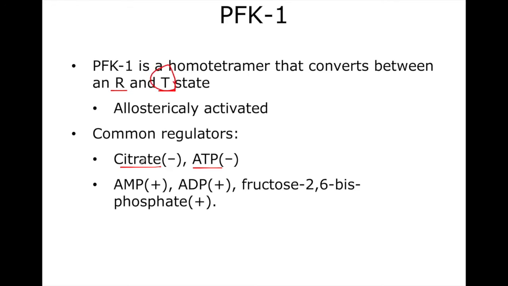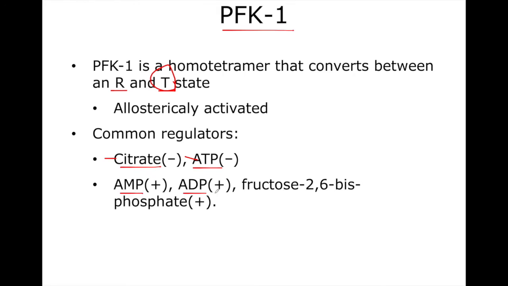And these molecules, citrate and ATP, generally are abundant when the cell has a lot of energy. We'll talk about citrate as an intermediate in the citric acid cycle, and of course ATP is our energy currency. So when these are high, we do not want to continue on with glycolysis because we've already got enough energy. So these tend to inhibit this enzyme, therefore inhibiting glycolysis.